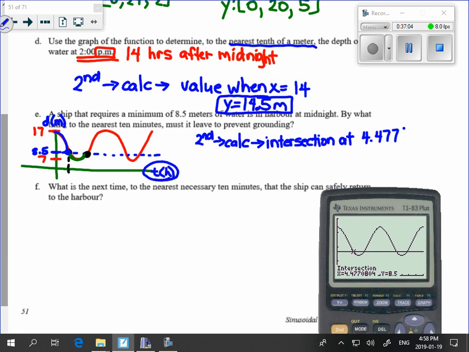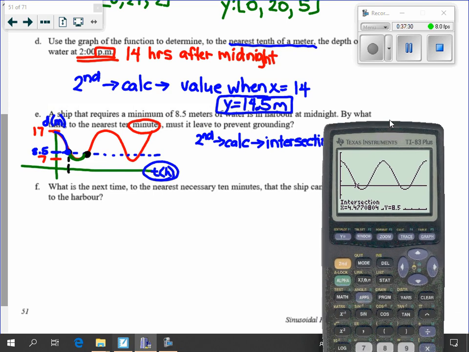So this is 4.477 hours. We need to figure out how many minutes that is, because we have to know by what time in minutes it must leave, okay? So I'm going to have to multiply this by 60 to figure out what this is in minutes, okay? 60 minutes in an hour, right? So 4.477 hours.